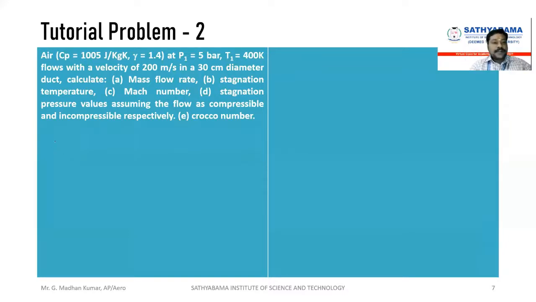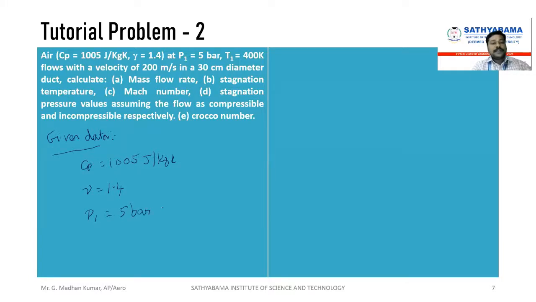We are going to find the value of mass flow rate. So for that, we write the given data of the problem. In this given data, we have the value of Cp, which was 1005 joule per kilogram Kelvin, and gamma is 1.4, and P1 is equal to 5 bar.